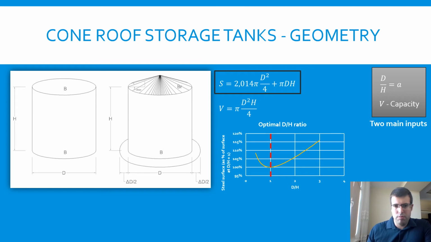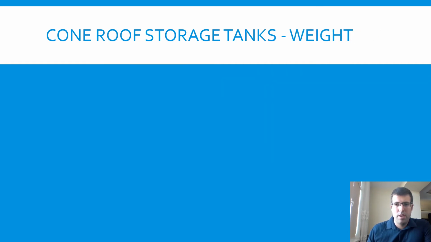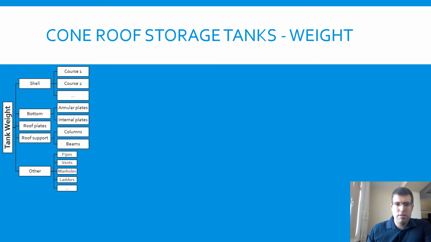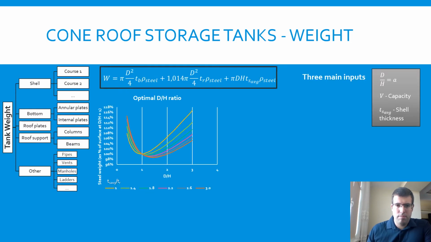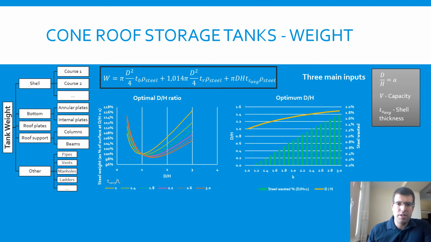All in all, as expected, when we're talking simply about geometry, the optimal D/H ratio is 1. Same applies to weight, but as we select thicker and thicker shells, so does the D/H ratio move from 1 to higher values.